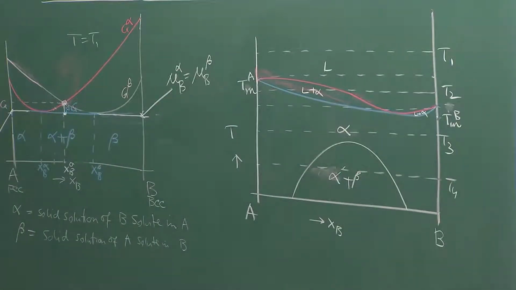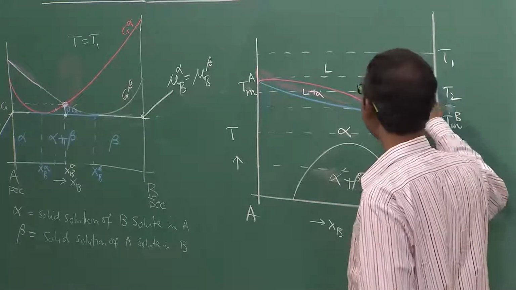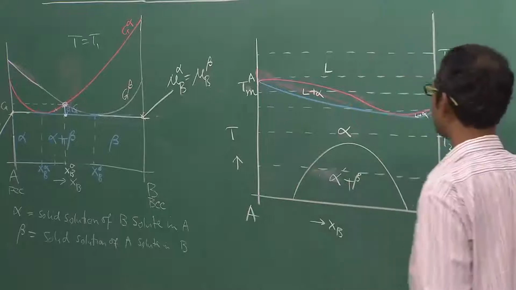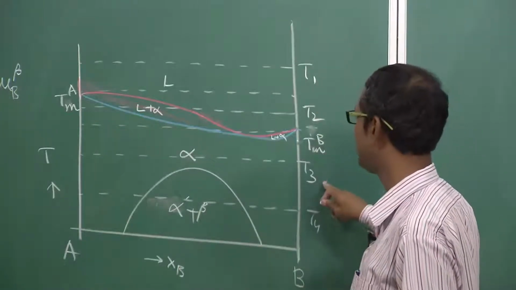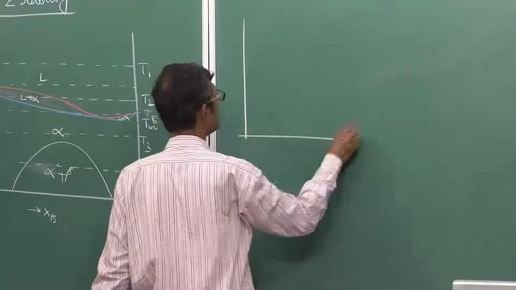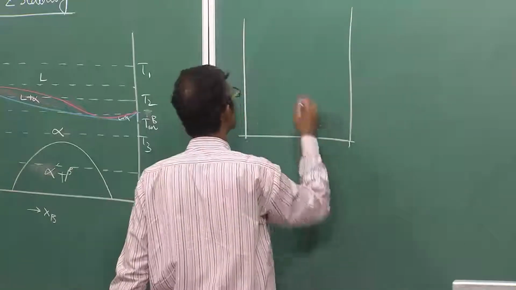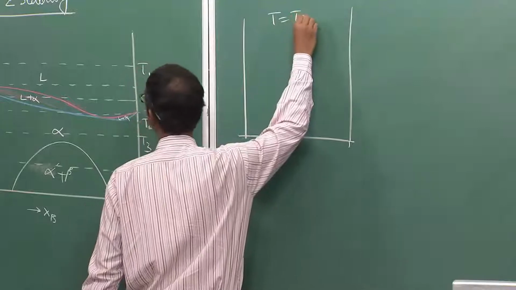To explain this, obviously we cannot draw all of these diagrams. So I will draw temperature T1, then TMA, which I have already drawn in the last lecture, so it will be similar. Then I will draw T1, T2, TMB, T3 and T4. So this is at T equal to T1.